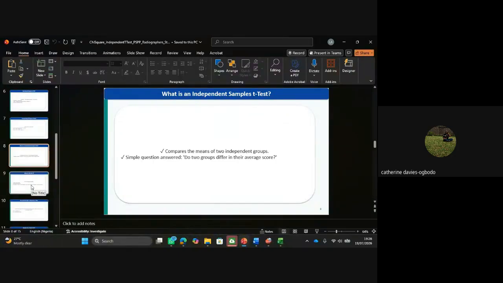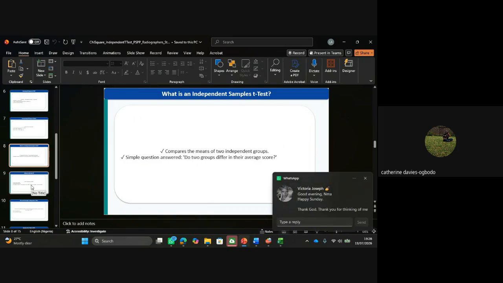For example, I'm trying to find out if level of education, somebody that has a primary education, somebody that has a secondary education, and somebody that has a tertiary education, affects their computer skills.